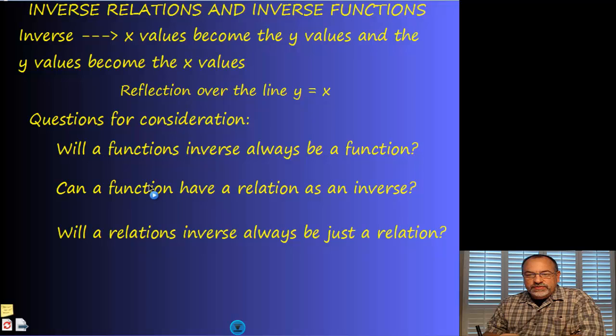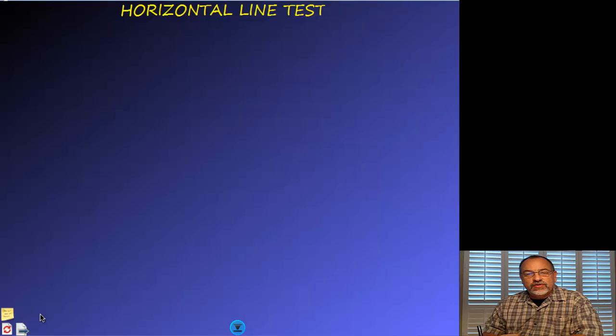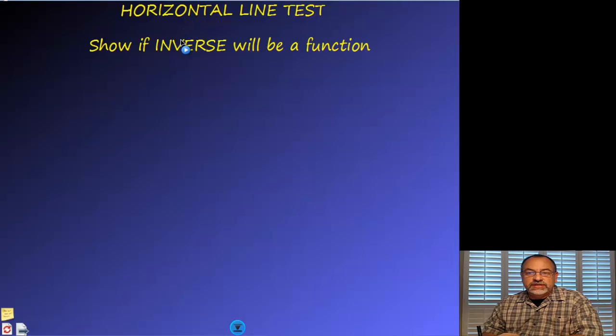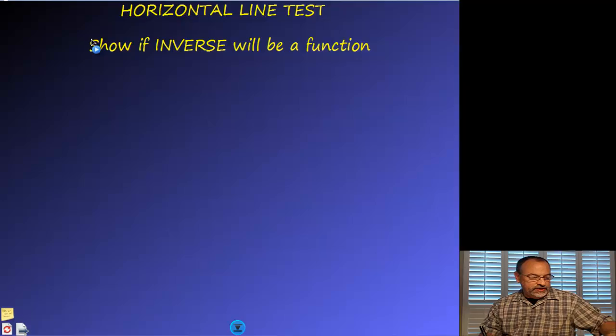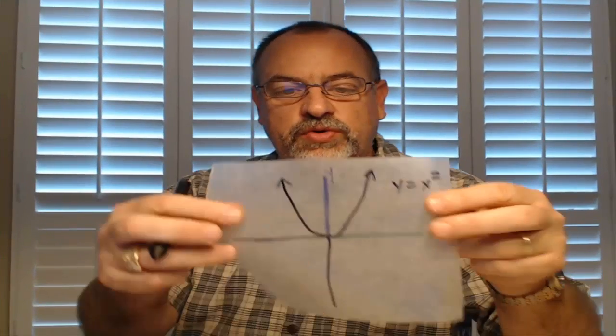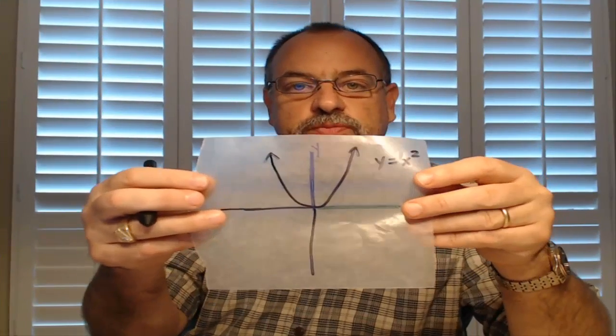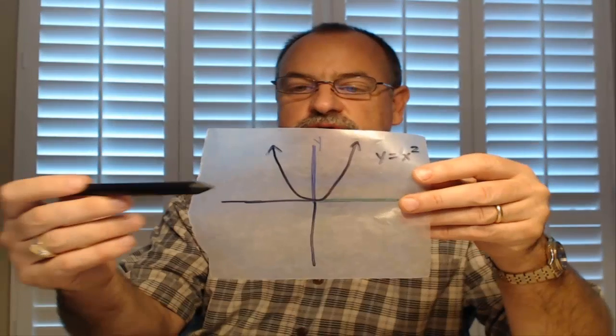So these are some of the questions we'll want to answer as we look at this lesson and as we go forward. You remember we have a vertical line test to test whether a graph is a relation or a function. We have the horizontal line test, and what the horizontal line test does is show if the inverse will be a function. So we can take a function and do the horizontal line test. We'll look for pretty much the same thing, only for the horizontal.